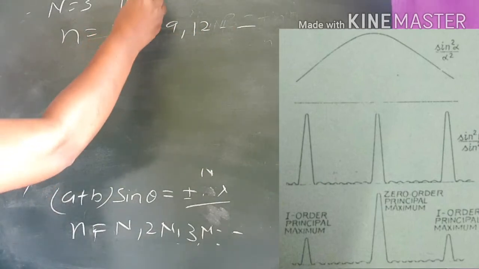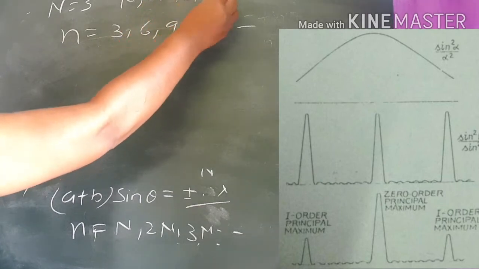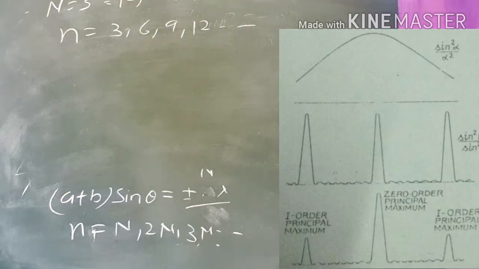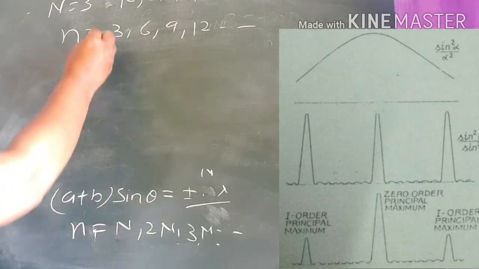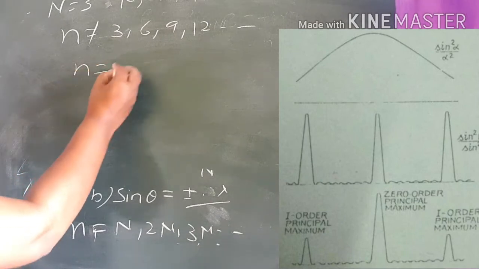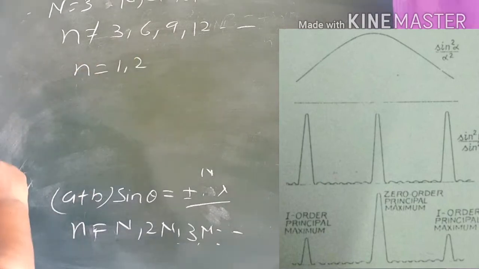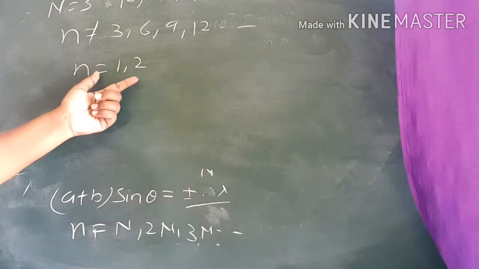Means N, 2N, 3N and so on. Small n can never be equal to these values. So n can accommodate what values? n is equal to 1, 2. These are the condition for positions of minima.